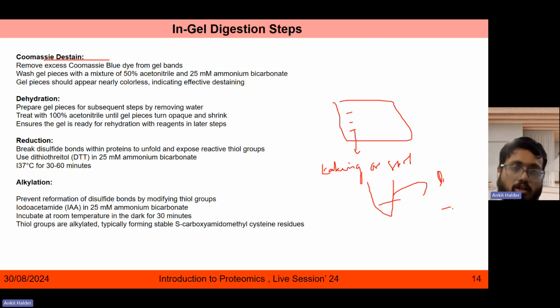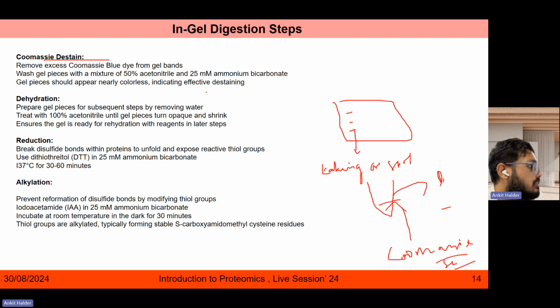The actual step involves other things. The gel will contain the stain of Coomassie, right? We have the Coomassie strains. For this, we need to remove the excess Coomassie blue dye from the gel bands. So that's how it's done.